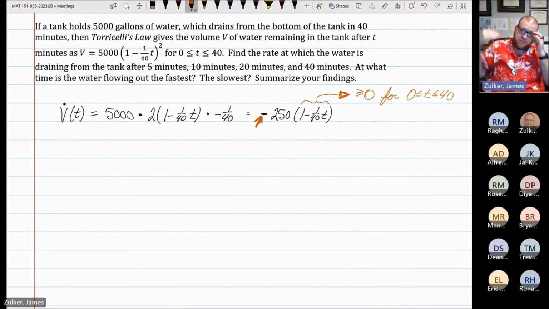The amount is decreasing. That is important because look what it's asking us for. It's asking us for the rate at which it's draining. This makes the draining the positive direction.